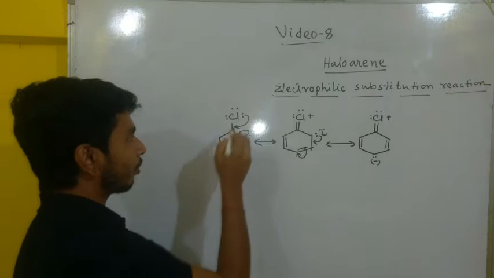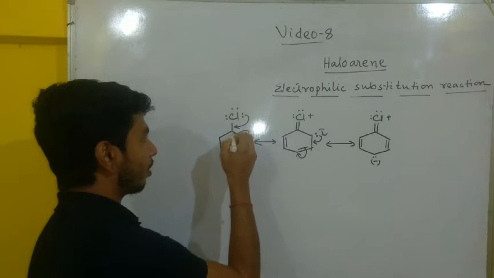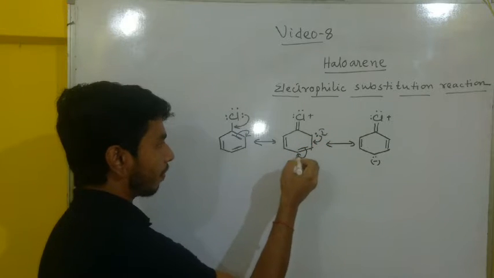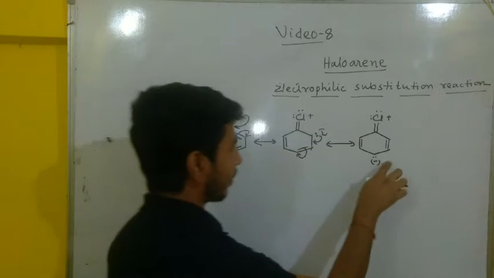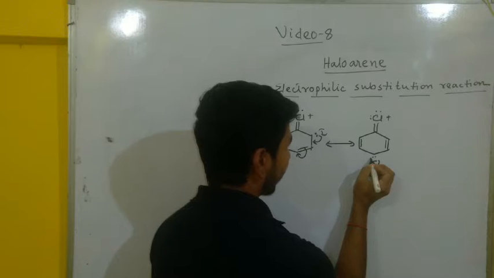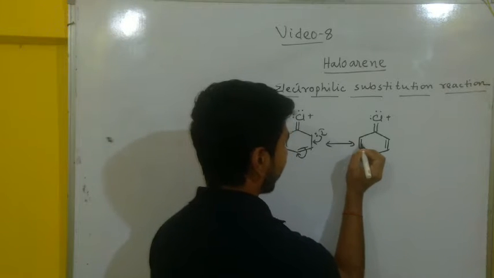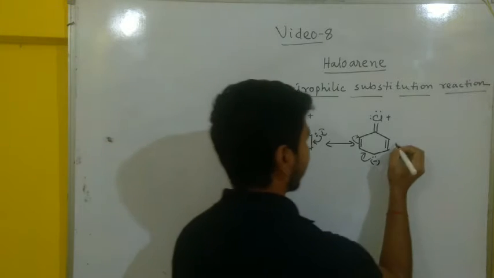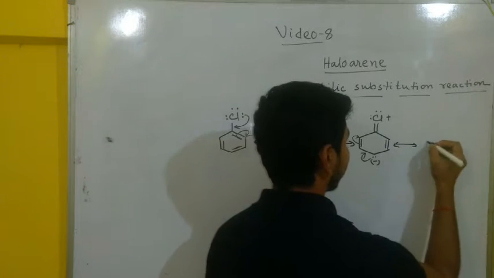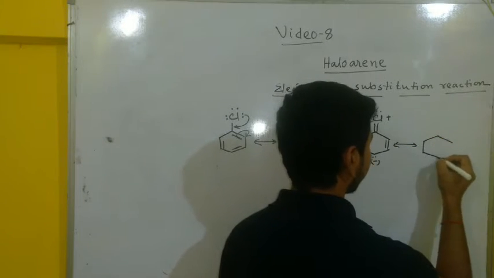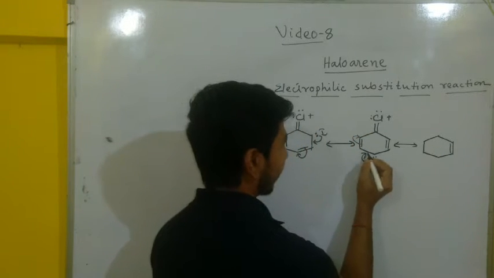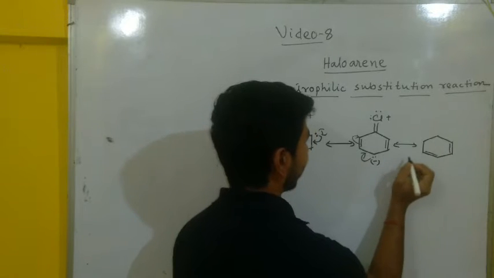Clear? So always lone pair to the bond, bond pair to the next carbon, again lone pair to the bond and bond pair to the next carbon. Now what is the next sequence? Lone pair to the bond and bond pair to the next carbon. So the next resonating structure: this lone pair is shifted to the bond, so here it becomes a double bond.